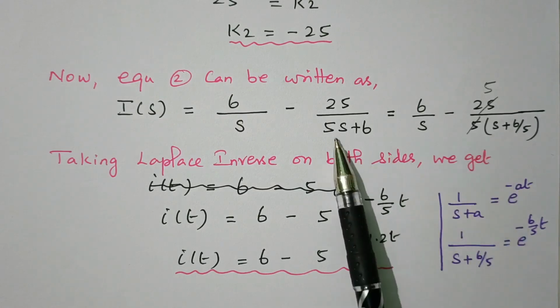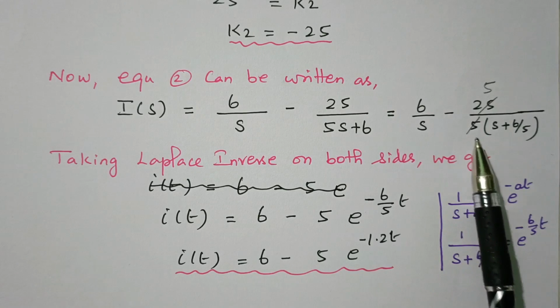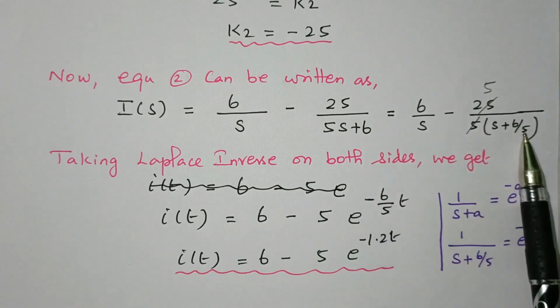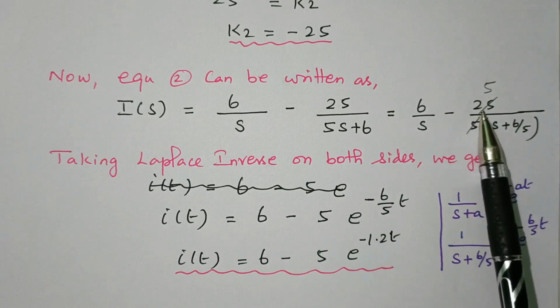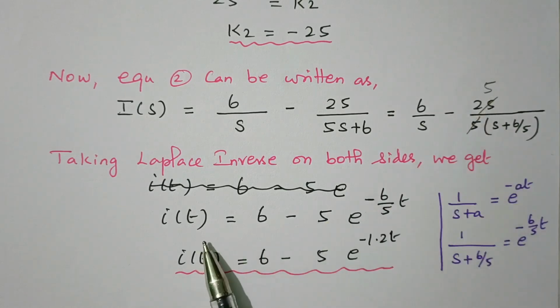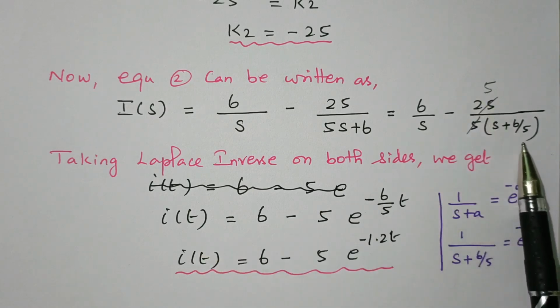If anything is multiplied with s, that should be taken outside so that we can bring it into the standard form. So that 5 is taken outside, s plus 6 by 5. So this 5 got cancelled, and 5 times is available. So it is nothing but 6 by s minus 5 divided by s plus 6 by 5.